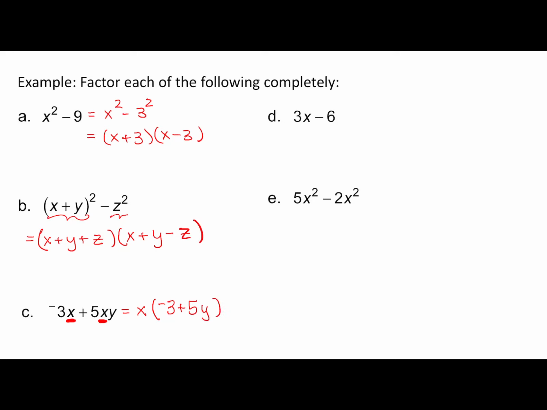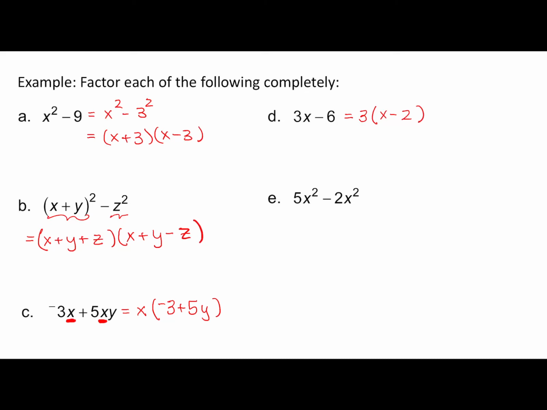So this factors as x times negative 3 plus 5y. What about part D? Well, I should think of 6 as 3 times 2. So that means that each term has a factor of 3 that can be pulled out front, and I'm left with x minus 2. So 3 times x minus 2.